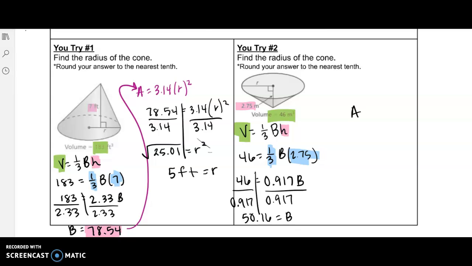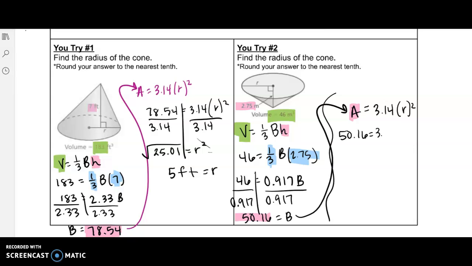So now we have the area of our circle is pi, which is 3.14, times our radius squared. So we are going to plug in that area we just found for A. So we have 50.16 equals 3.14 times our radius squared.